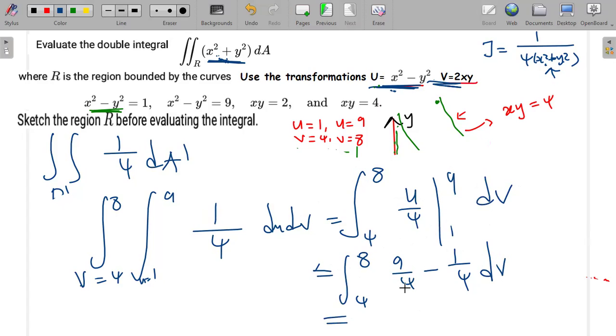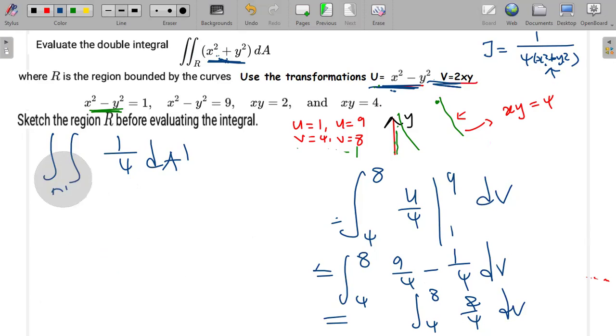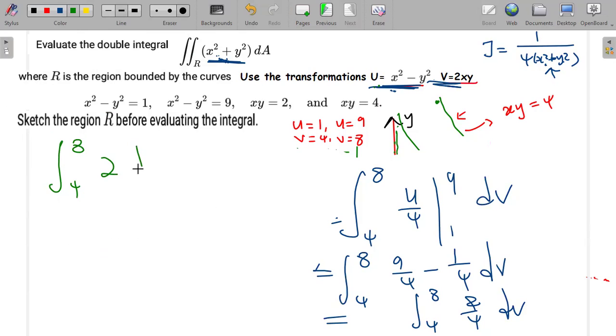So this simply means that we have the integral from 4 to 8 of 9 minus 1, which will just be 8. 9 minus 1 is 8, and divided by 4, it's 2. So dv. We are integrating that. Our integral will just be 4 to 8 of 2 dv.